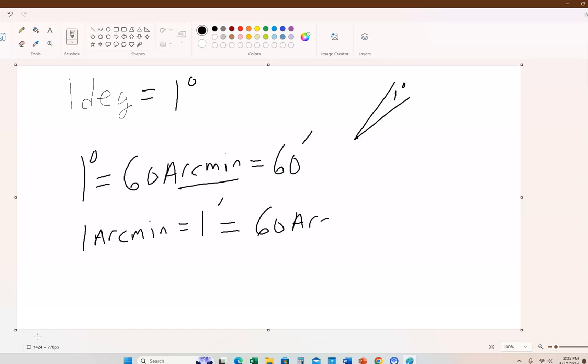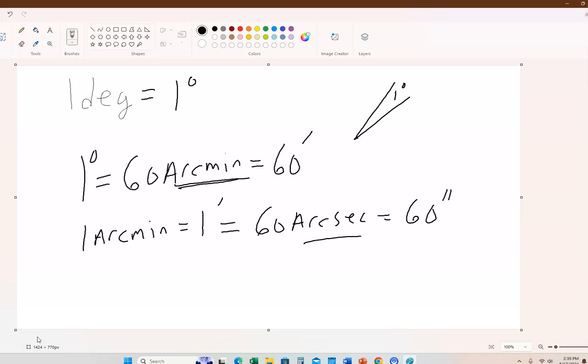The way that you write that one is 60 with 2 hash marks. So the 2 hash marks mean arc second. The single hash mark means arc minute. All right, so let's do some conversions, because that's the kind of thing that you're going to see.